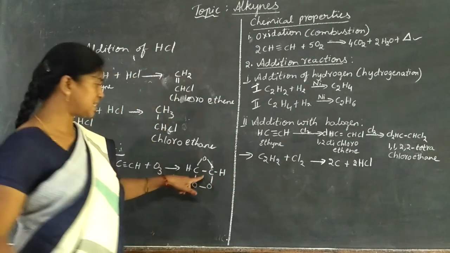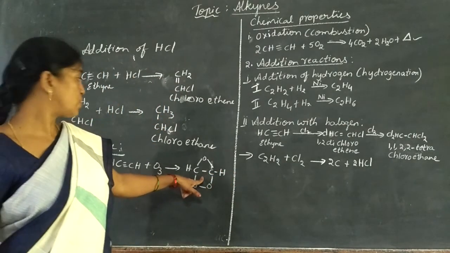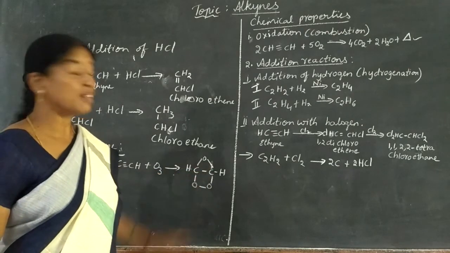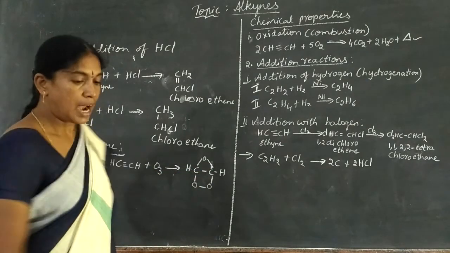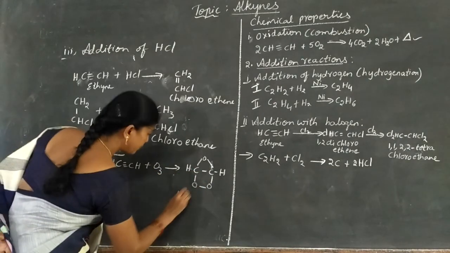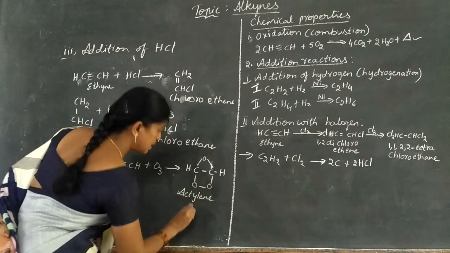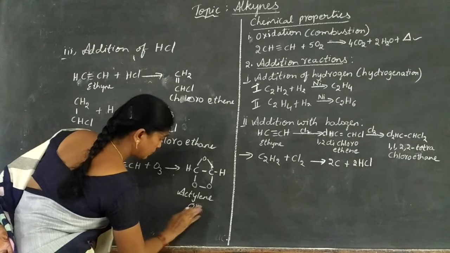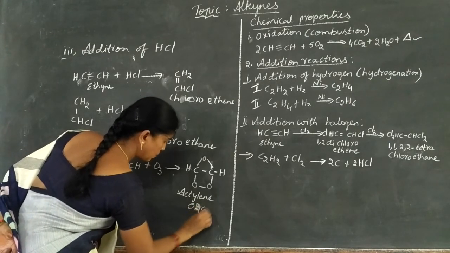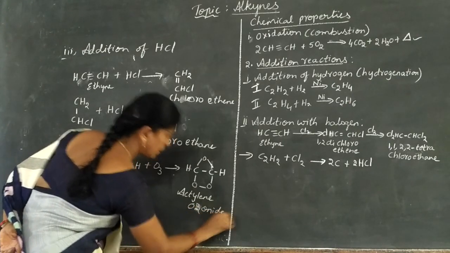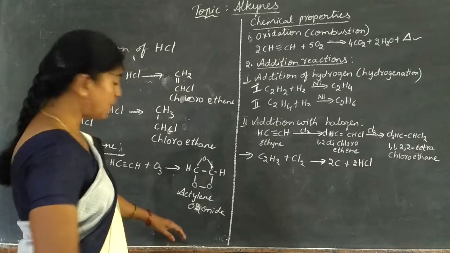Now it is satisfying the tetravalency of carbon, and the addition reaction is taking place, and this is called acetylene ozonide.